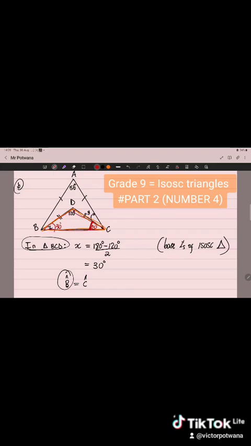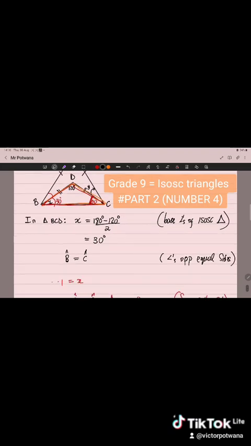So there's no need to be specific, like B1 or B2 or ABD. So B will be equal to x, equal to C, and the reason is angles opposite equal sides. Then that means therefore angle C will also be 30 degrees.